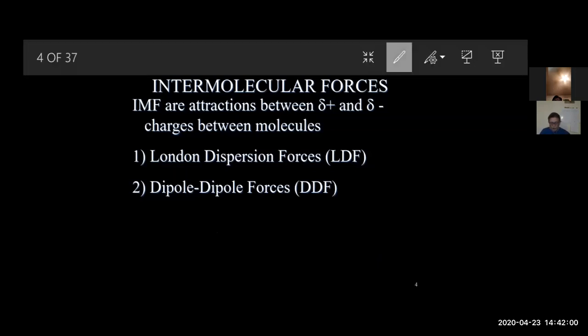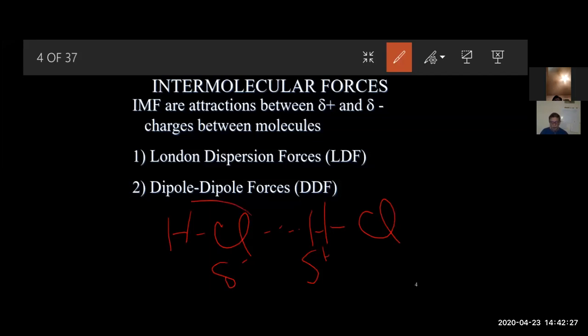The previous slide had two molecules of hydrochloric acid, and it showed a dotted line between them, simply because we had a partial negative on the chlorine and a partial positive on the hydrogen. So we have a dipole here and a dipole here, hence dipole forces.